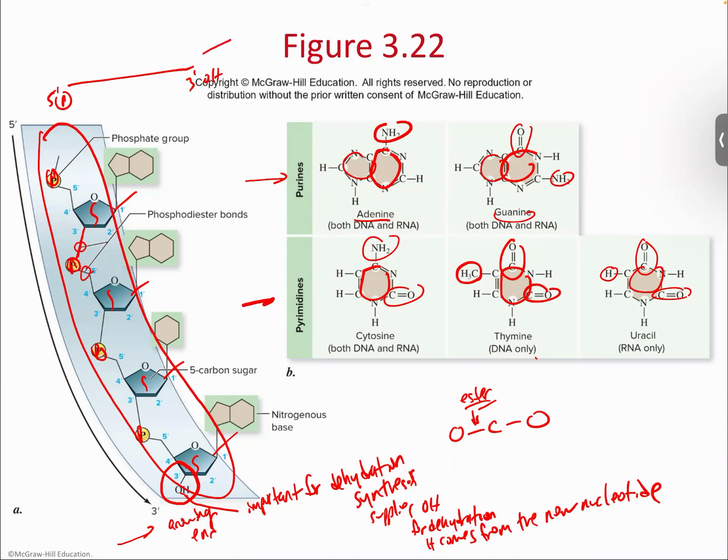And this is the direction of growth. It grows in the 5' to 3' direction. And of course, you have your bases here, like A, C, G, T, A, T, G, G, A, and whatever the sequence is.